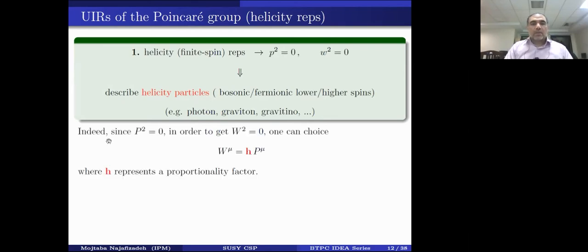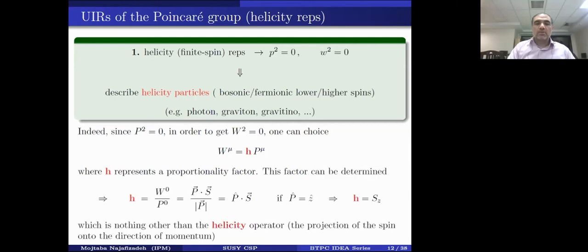Indeed, since P square is 0, you should also have W square equal to 0. One choice is to consider W mu in this form, where H represents a proportionality factor. Then you can find this factor, which is nothing but the helicity operator. So helicity representations are labeled by helicity.